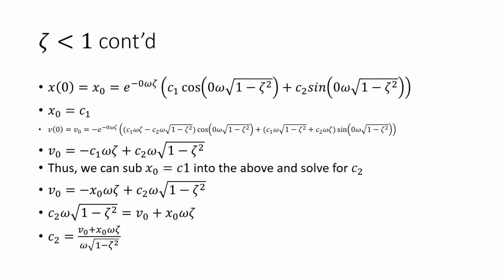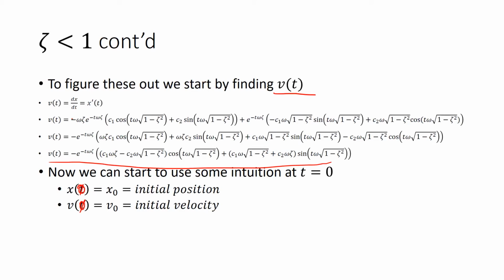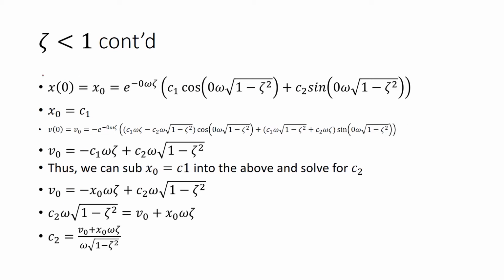So we can use those to plug into our x of t and our v of t equations. So x of 0 is equal to x naught, so that simplifies to x naught equal to c1, and we can do the same thing for velocity. So v naught ends up being equal to negative c1 omega zeta plus c2 omega square root of 1 minus zeta squared.